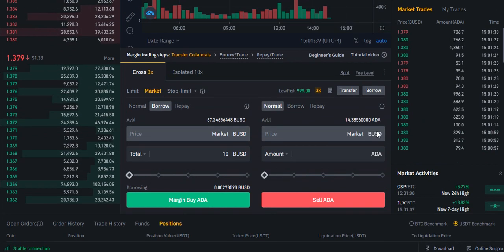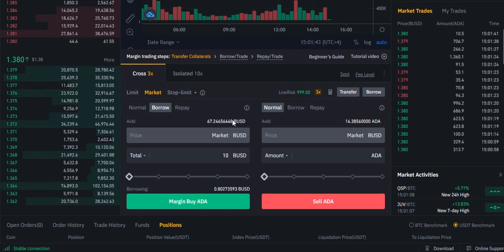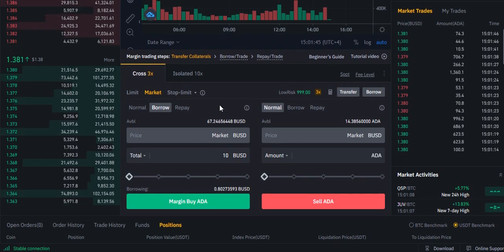So guys, when the price, when this amount goes less, to a specific level, then what will the exchange do?